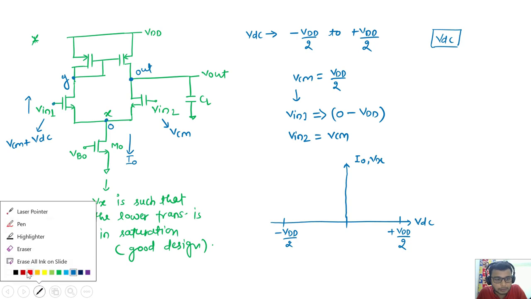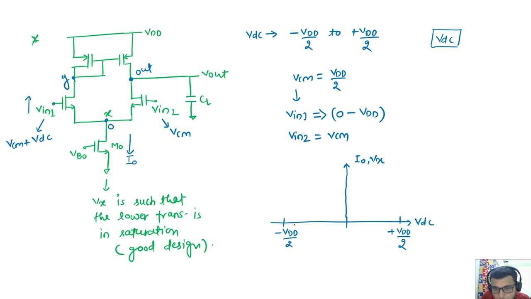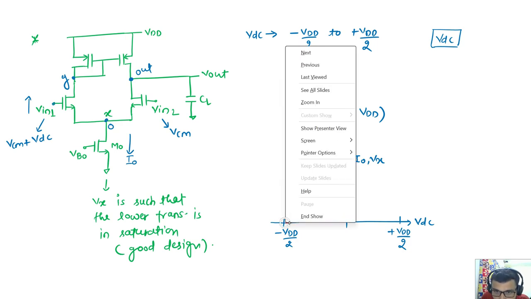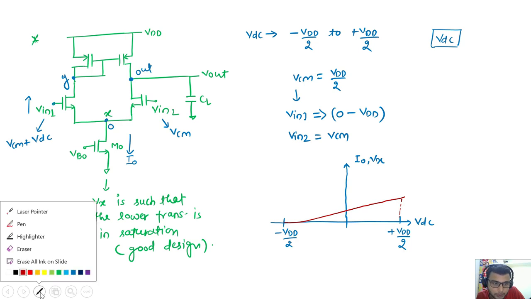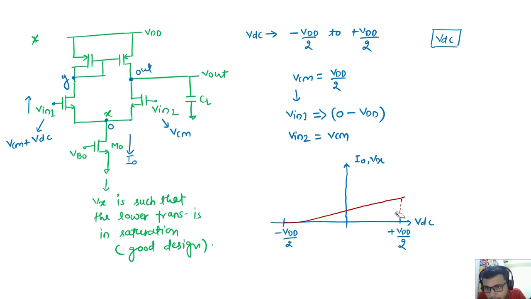As we increase this V in 1, it will start increasing. So what I will see here is something like this for my Vx. After that, it is increasing linearly. Somewhere here it is less than VDD, but it has some value. It is going to non-zero.